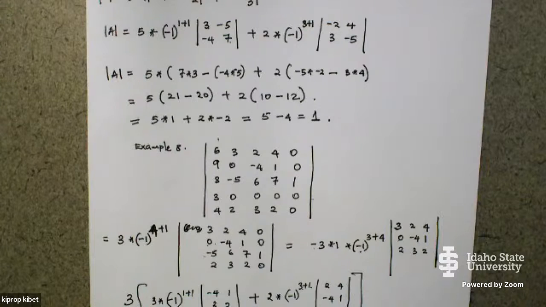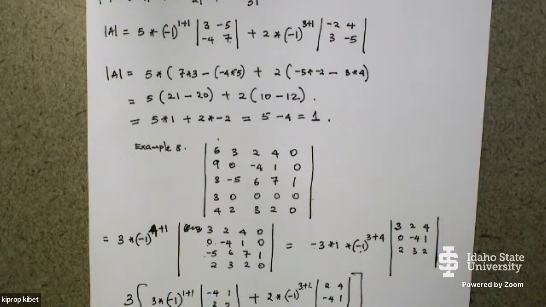You can either use this or this. As long as you know how to use the cofactor. So these 1 plus 1 are the ones which you are deleting. Okay.